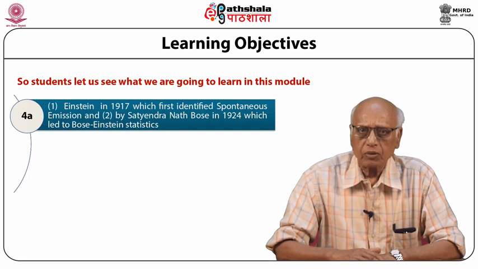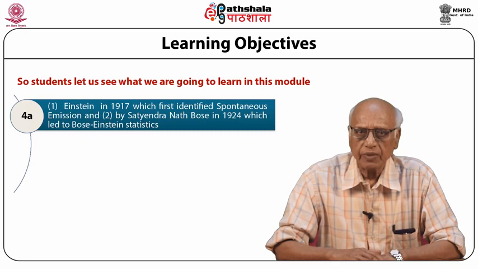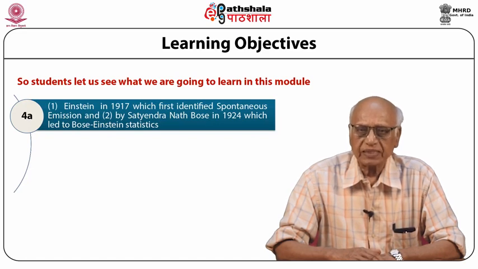You will learn about two landmarks before the quantum theory of radiation: Planck's law derivation by Einstein in the year 1917, in which he first identified the spontaneous emission process, and the derivation by Satyendranath Bose in 1924, which led to the Bose-Einstein statistics.